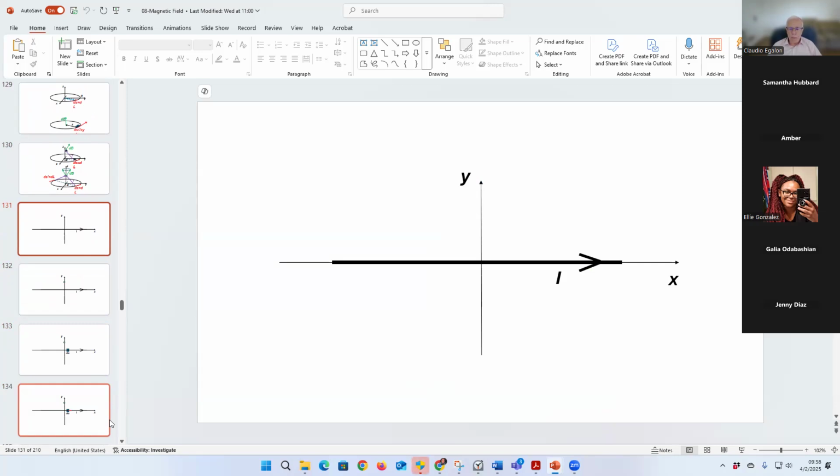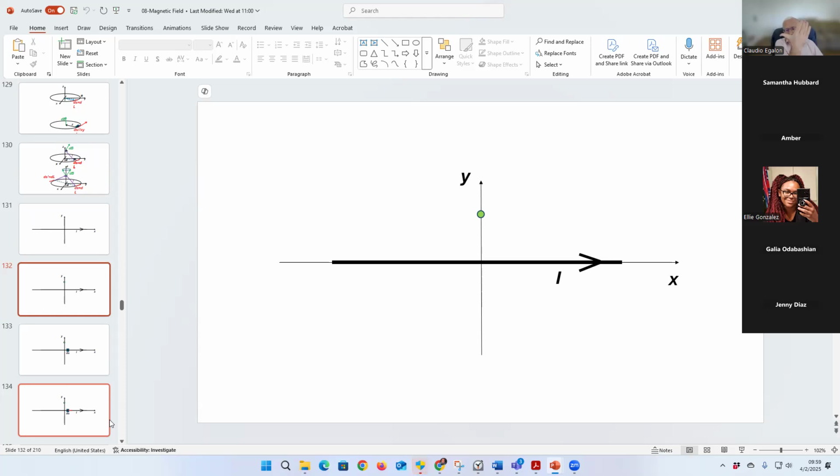And what we know, and you have to memorize that, is that the magnetic field circulates around a current carrying wire. The direction of circulation depends on the direction of the current, and you use the right hand rule to find that out.